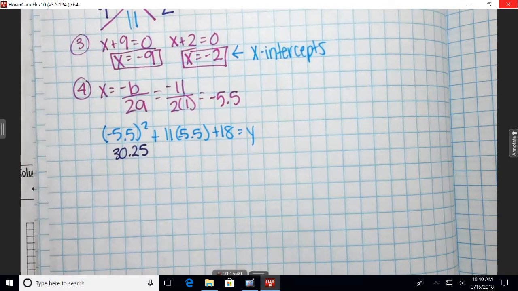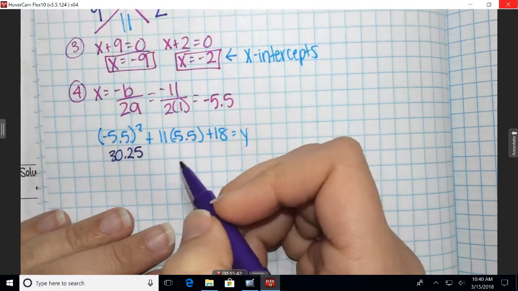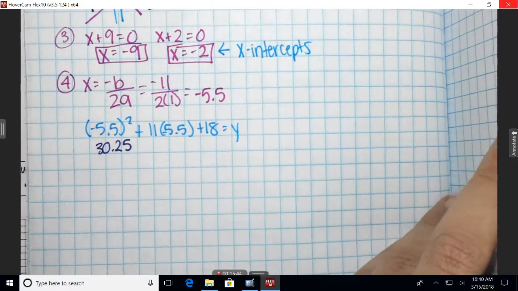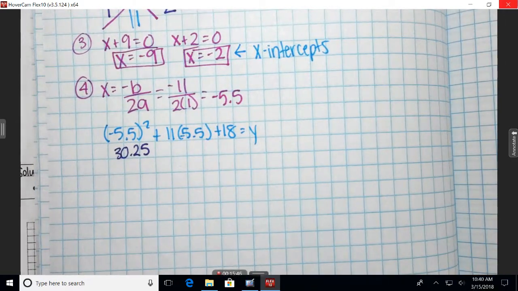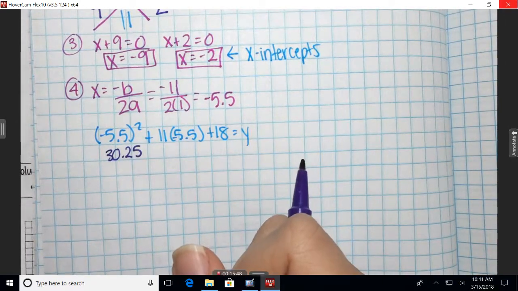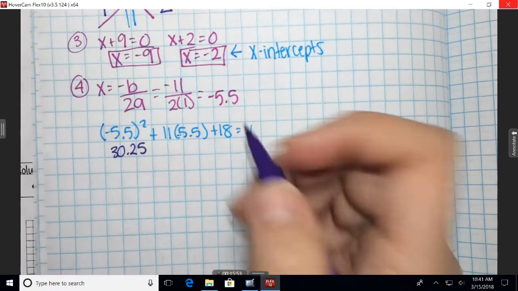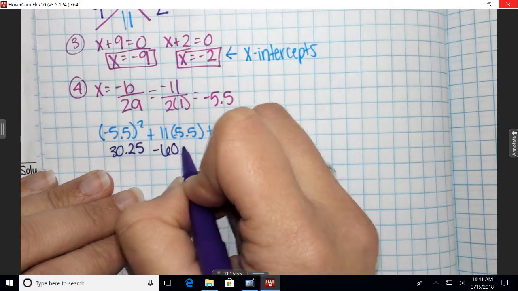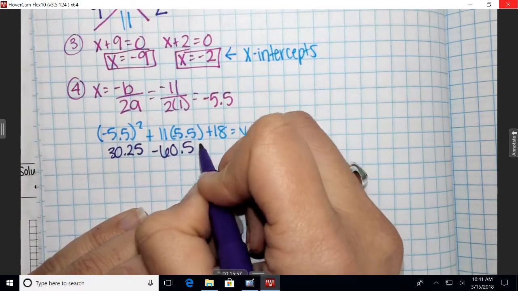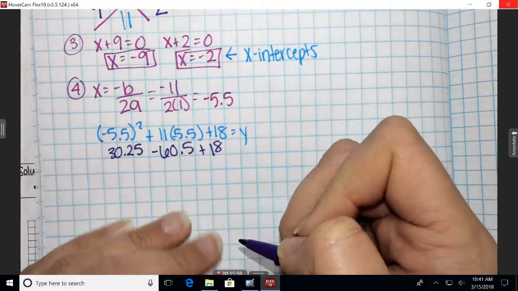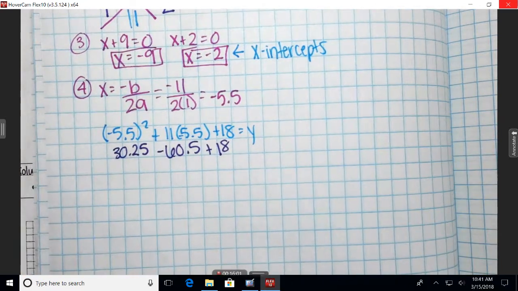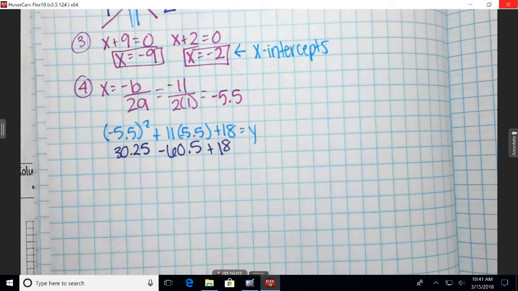What is 11 times negative 5.5? 60.5. Yes. All right. Tell me what our y is.